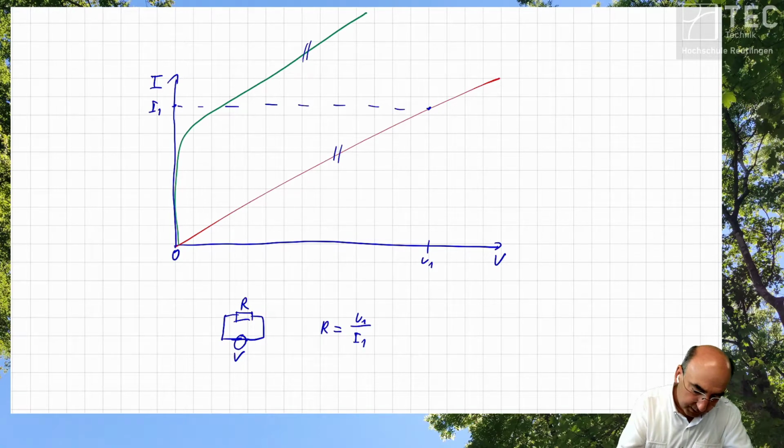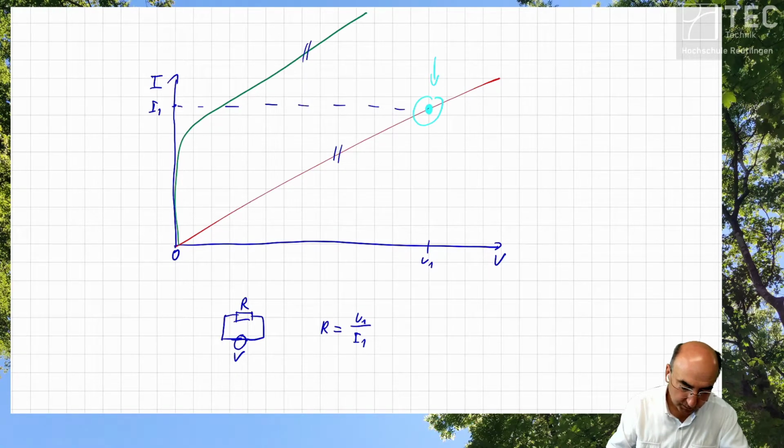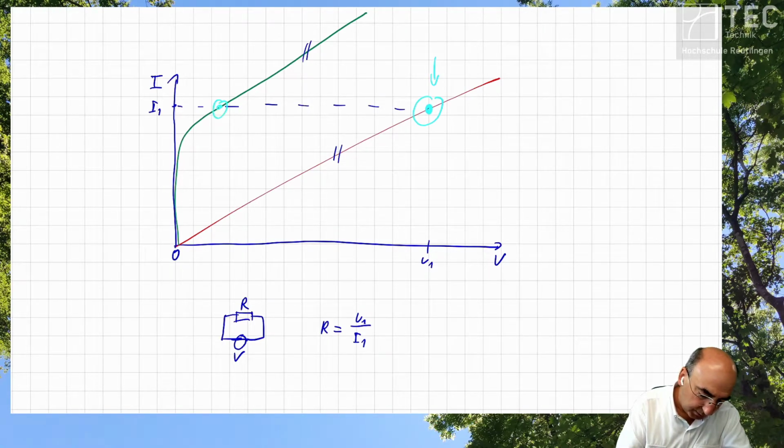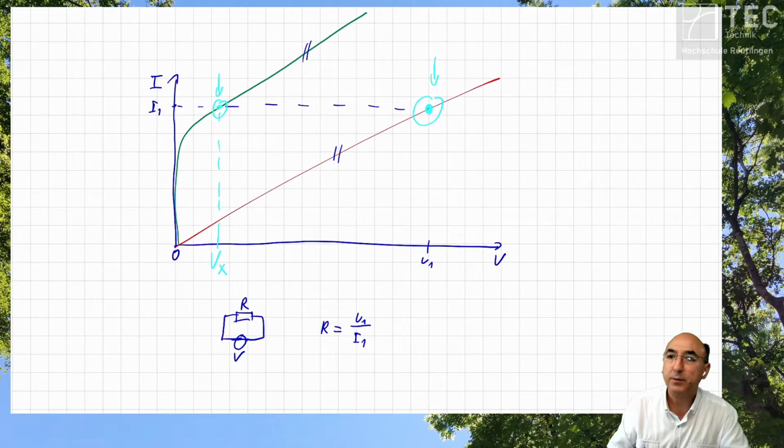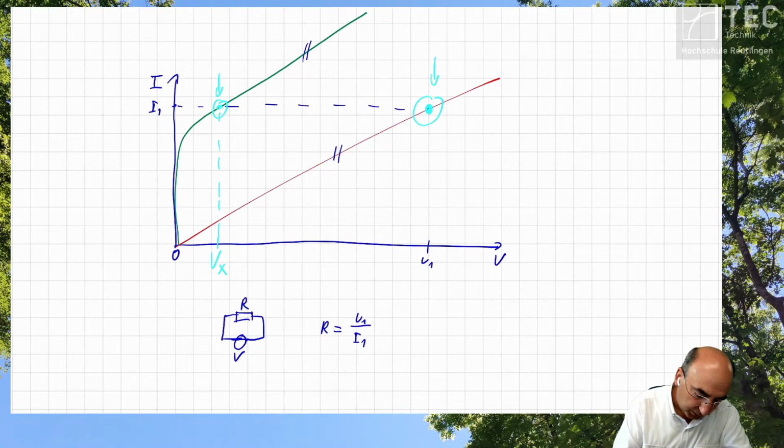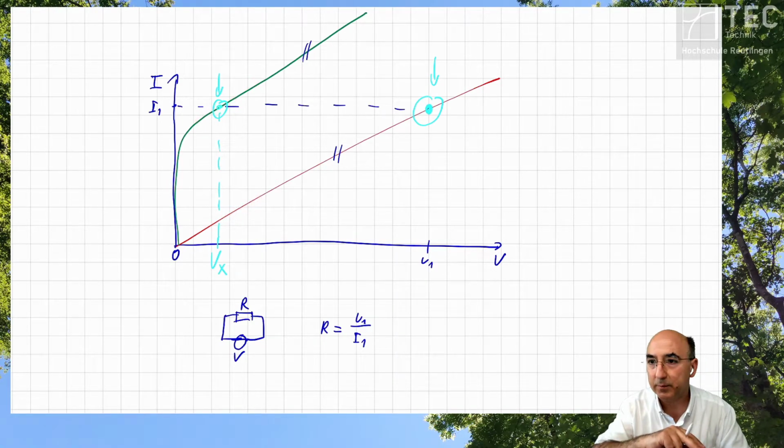Now you can see, or you should be able to see, that this current level here is reached by the transistor at much lower voltage levels, because you are looking at the slope, which is the same.